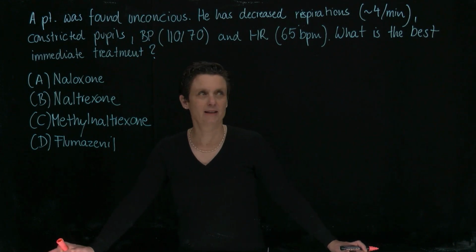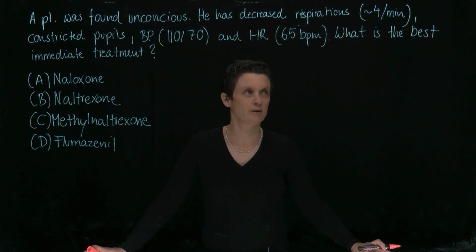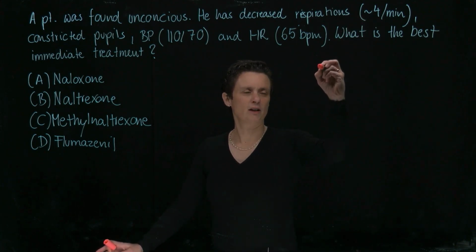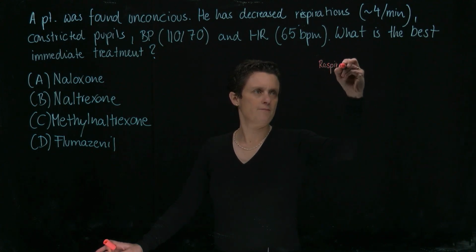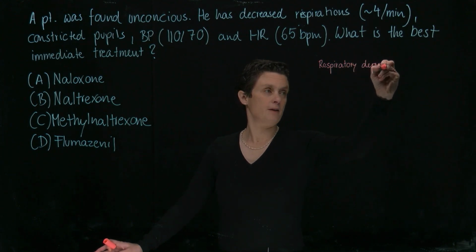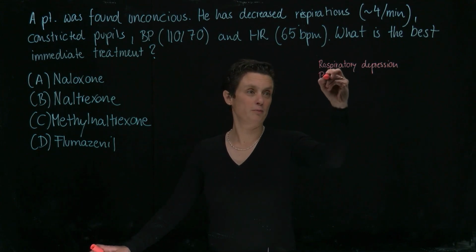Found unconscious, decreased respirations, normal are between 12 and 20, so this is significantly decreased. So we are talking about respiratory depression. Pupils are constricted, so pinpoint pupils.